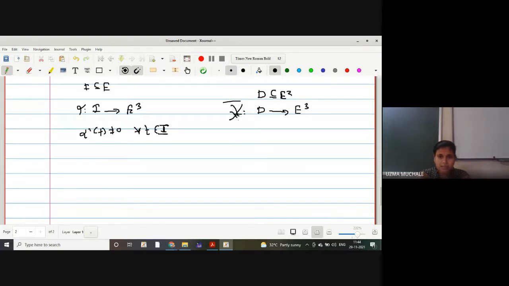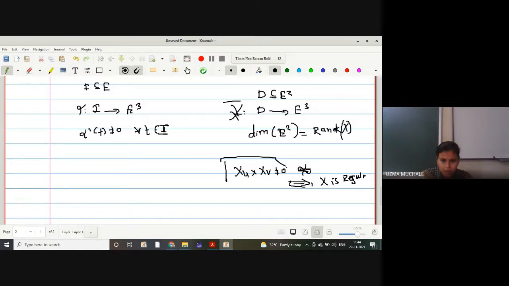Then we say that x is a regular map if the rank of the Jacobian matrix is equal to the dimension of the domain, that is the dimension of E2 equals the rank of the Jacobian matrix of x. Later on in some theorems we are going to prove that xu cross xv is not equal to 0 is equivalent, if and only if x is regular.